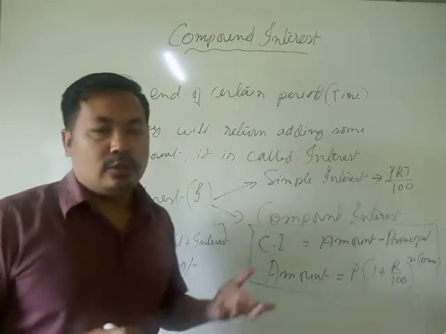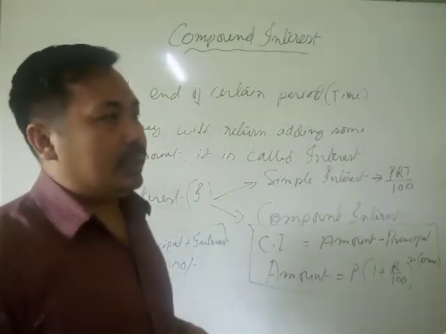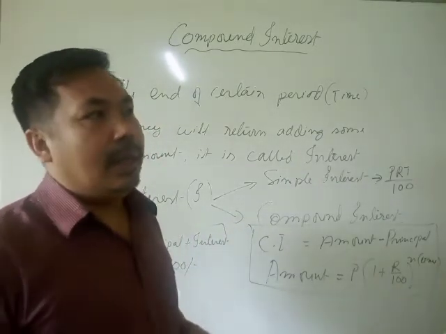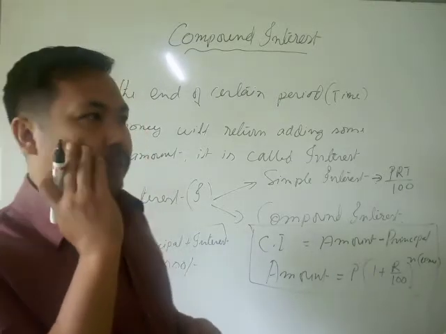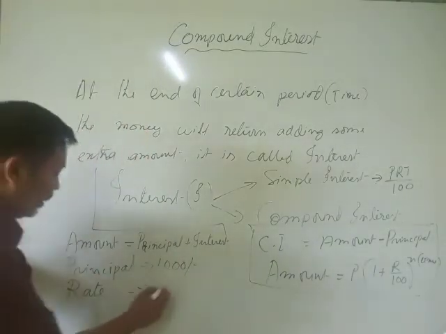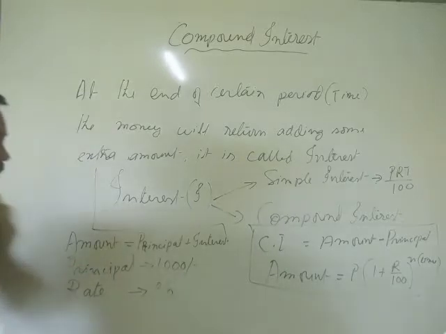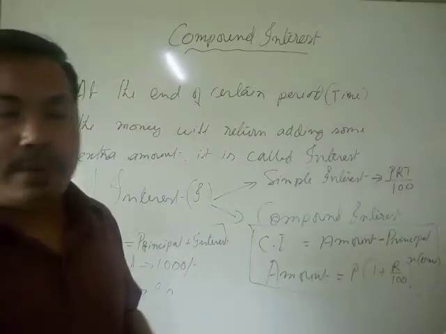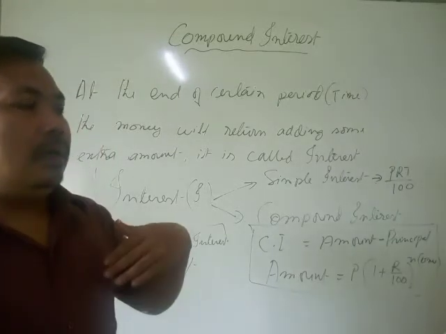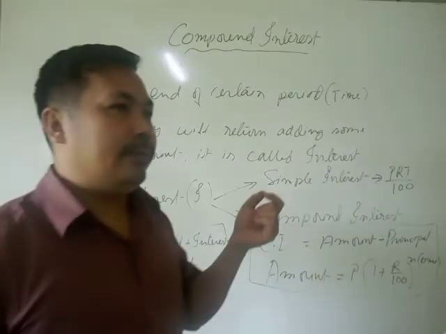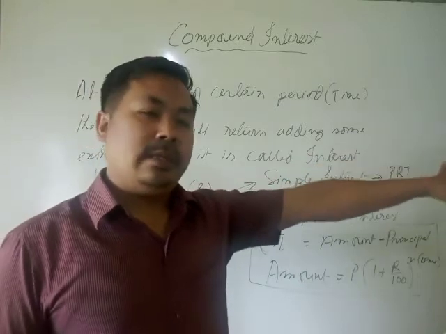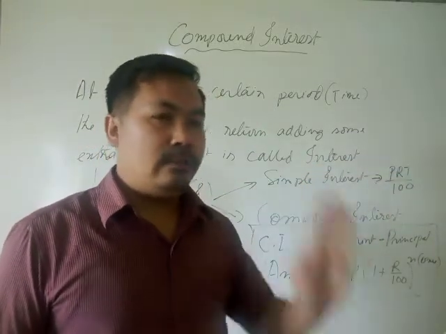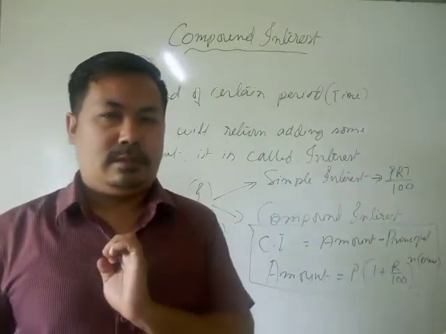So the rate is per annum. The rate will be in terms of percentage. You will get this rate, maybe 5% or 4% or 6% or 10%. It means per 100 rupees you have to give that much. For 4%, for every 100 rupees you have to give 4 rupees.